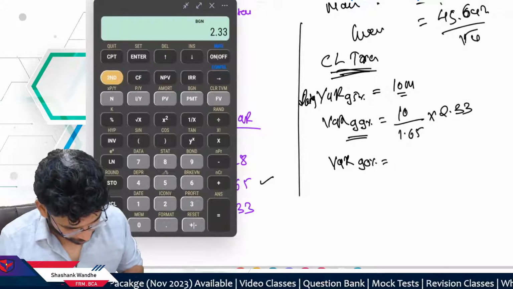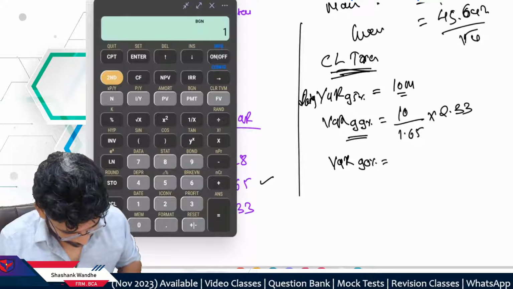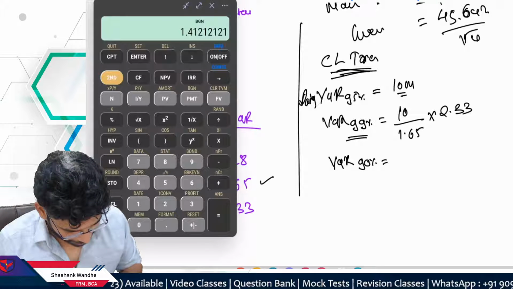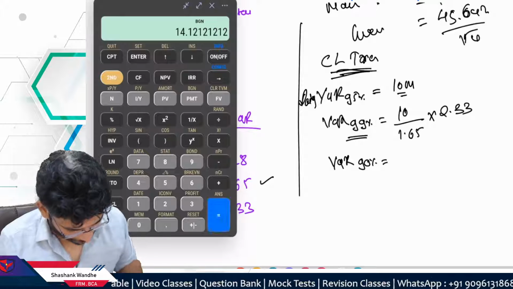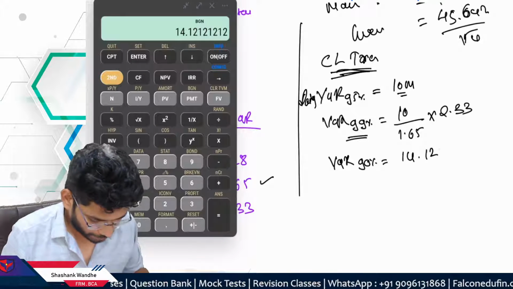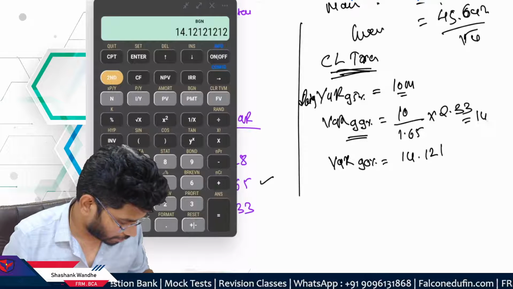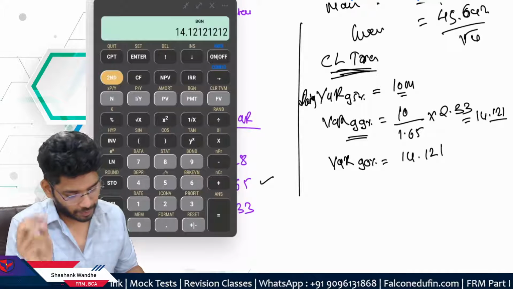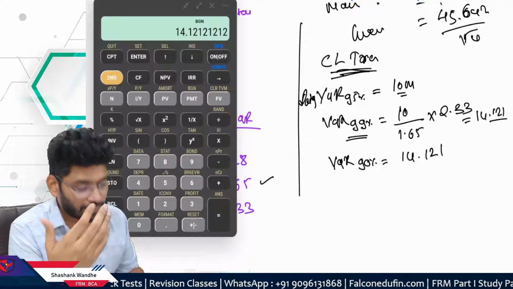So 2.33 divided by 1.65 and then multiplied by 10, and this is your 14.121. So this is your value at risk at 99%.